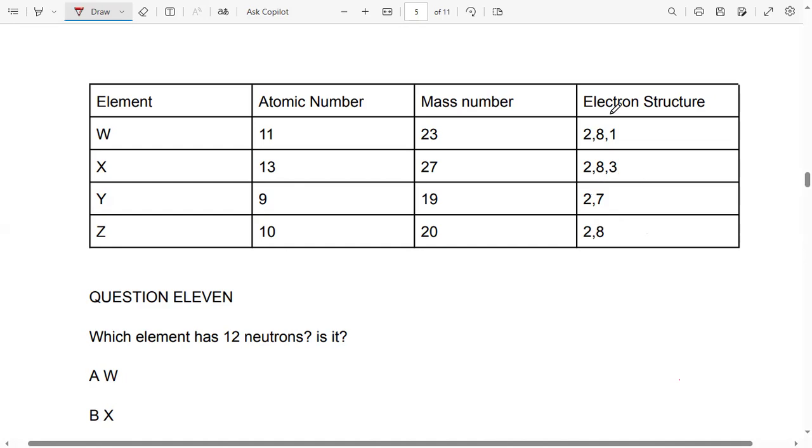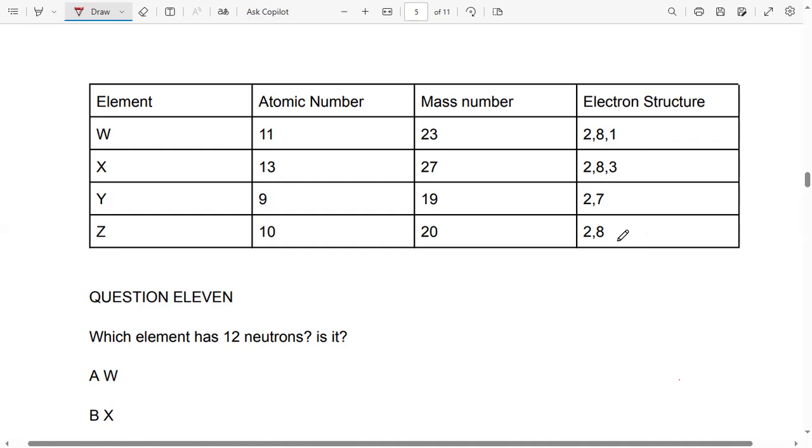Even W and X also have the same number of shells, so they are in the same period. The number of shells that an atom has will tell you the period where it is. So if these have 3 electron shells, it means they are in period 3.